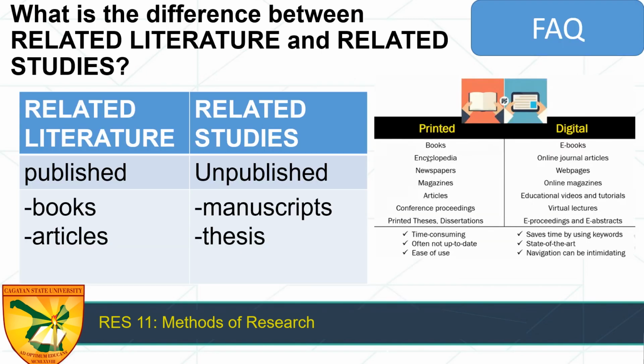So a frequently asked question is, what is the difference between related literature and related studies? Related literature is composed of discussions of facts and principles to which the present study is related. Some authors call it your conceptual literature because it consists of articles or books written by authorities giving opinions, experiences, theories, or ideas of what is good or bad, desirable or undesirable within the problem area.